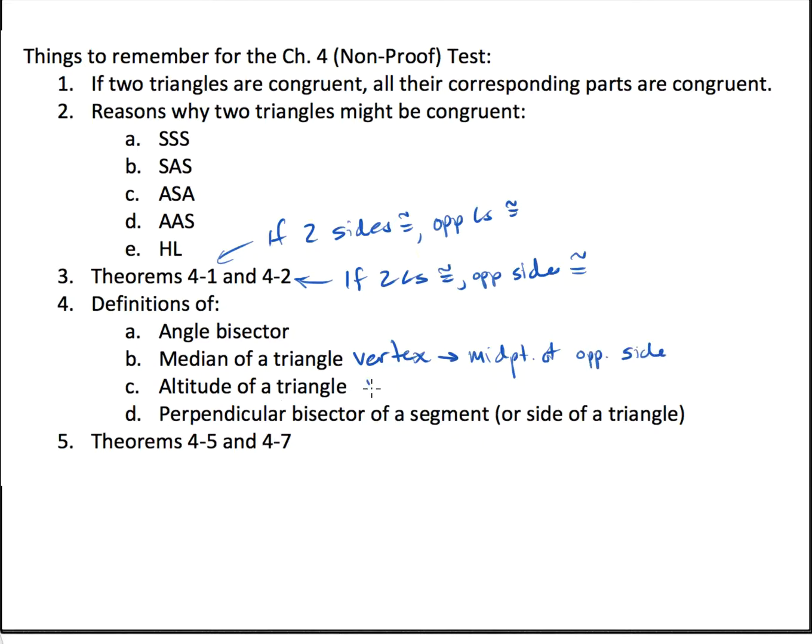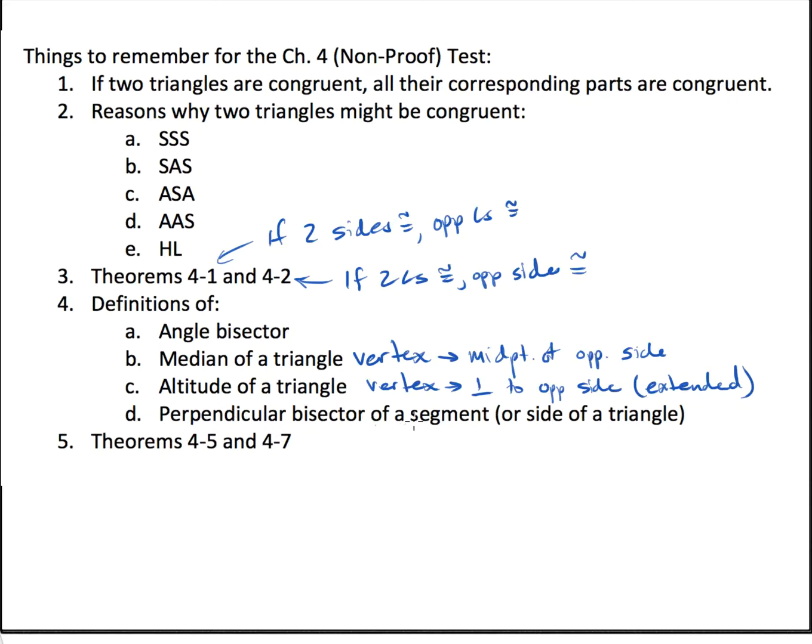An altitude, which connects the vertex to the opposite side, perpendicular to the opposite side, and sometimes the opposite side extended, right? Sometimes an extended version of the opposite side.